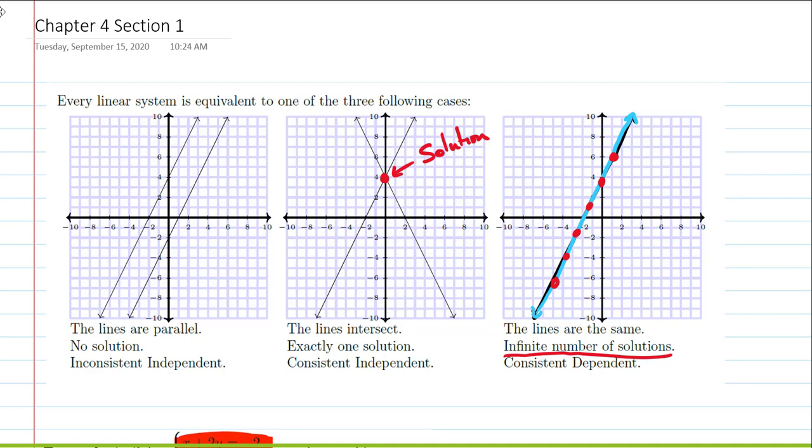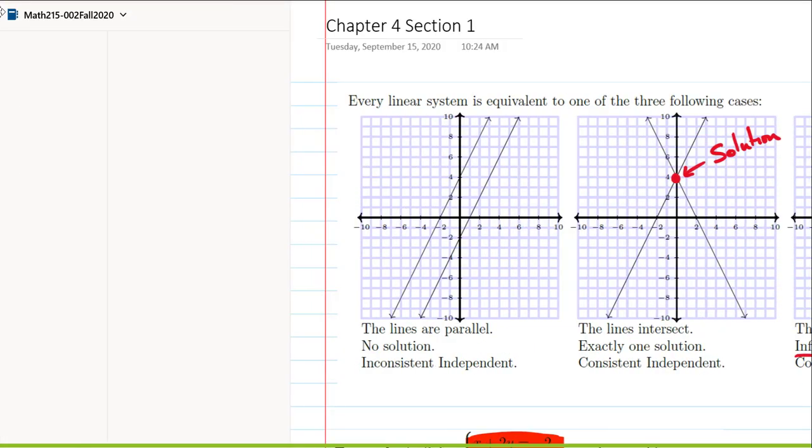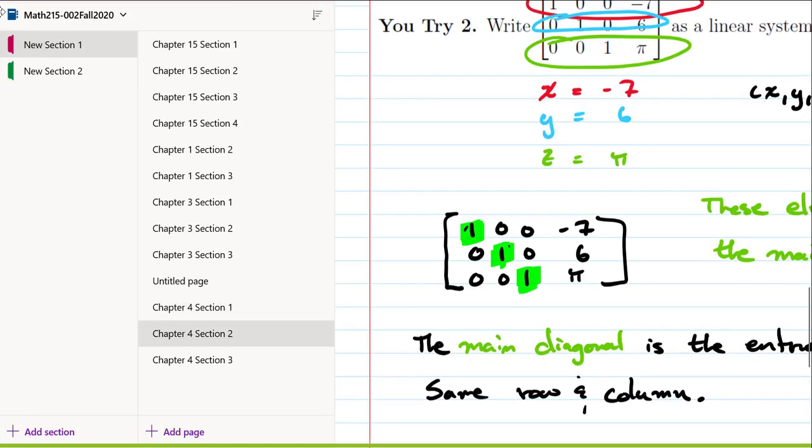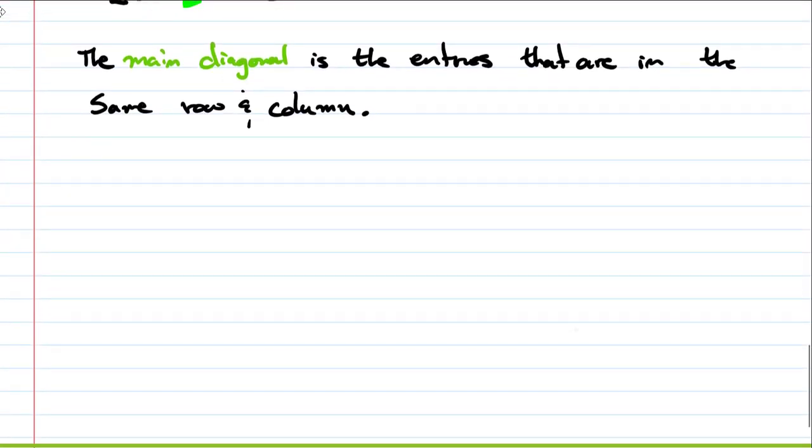So based on what we've observed, when we get ones on the diagonal, or numbers along the main diagonal, and zeros above and below, it's going to put us in this case where we have exactly one solution. If we don't have ones along the main diagonal, we're either going to get no solution or an infinite number of solutions. And we'll talk about how we can discern between those cases.